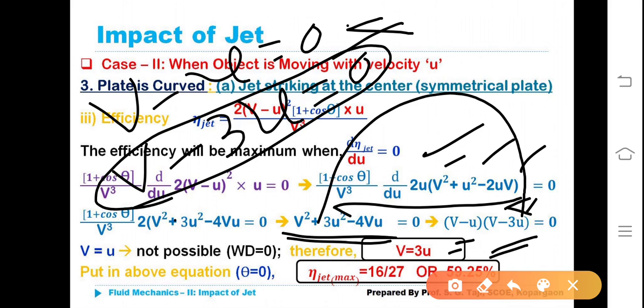Therefore, the velocity of the jet, v, will become equal to 3 times the velocity of the plate or vane. Or otherwise, the velocity of the plate or vane must be equal to 1/3 of the velocity of the jet. If you substitute v equal to 3u in this efficiency equation, you will get maximum efficiency equal to 16 by 27.